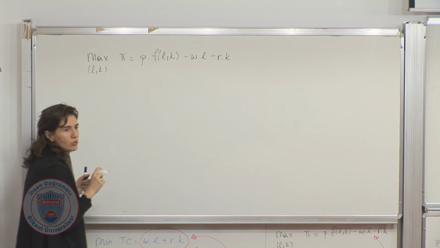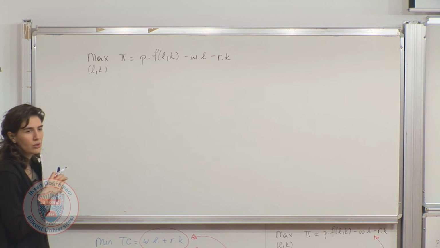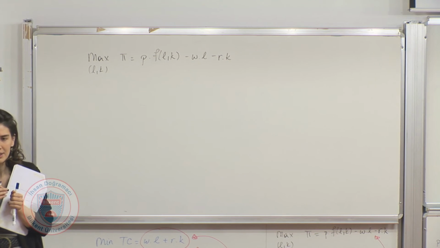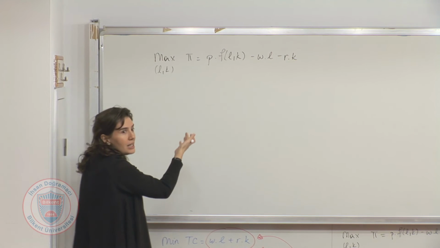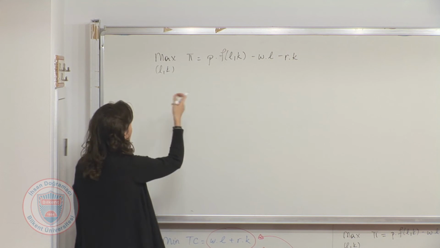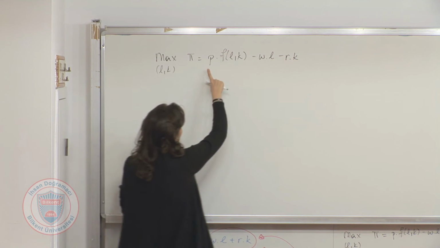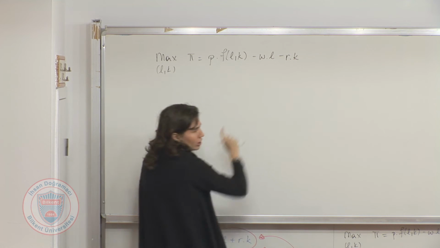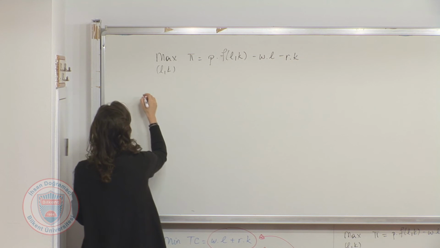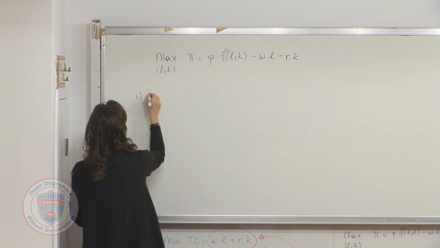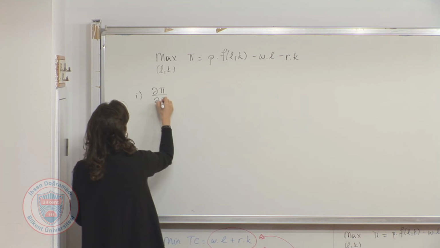Now, if I want to do this maximization problem, what will I do? So we're going to take derivatives, right? So this is an easy maximization problem. We're going to solve, of course, given the fact that this guy is concave, so that the maximum exists.